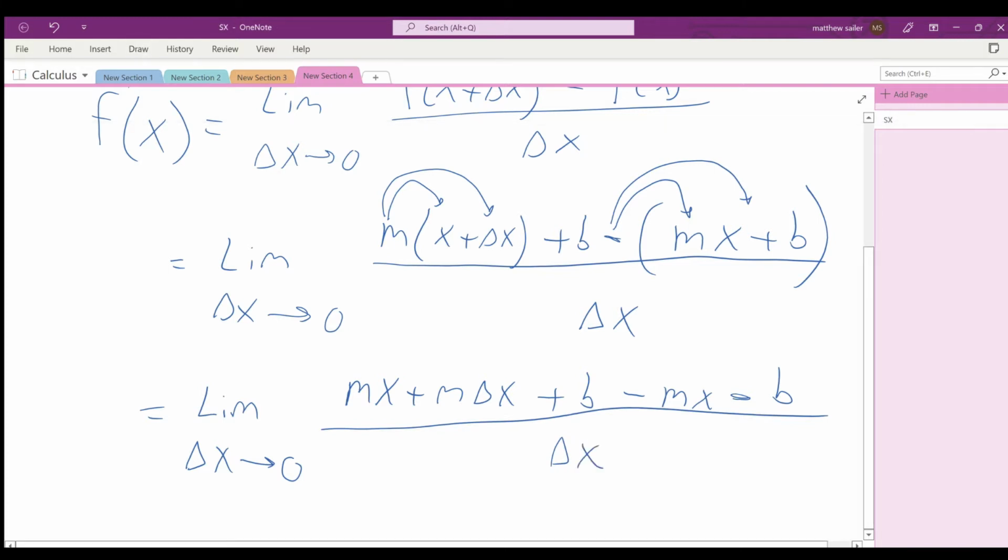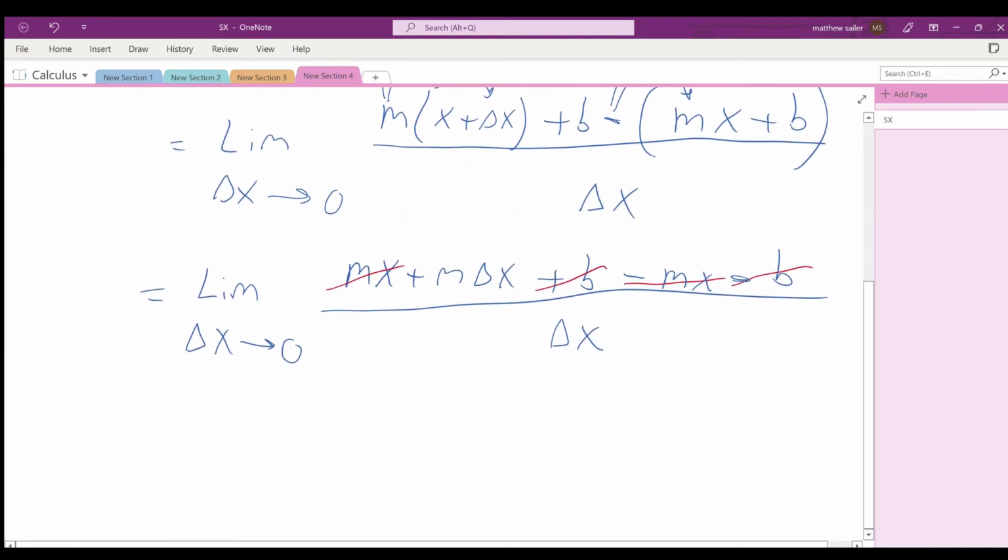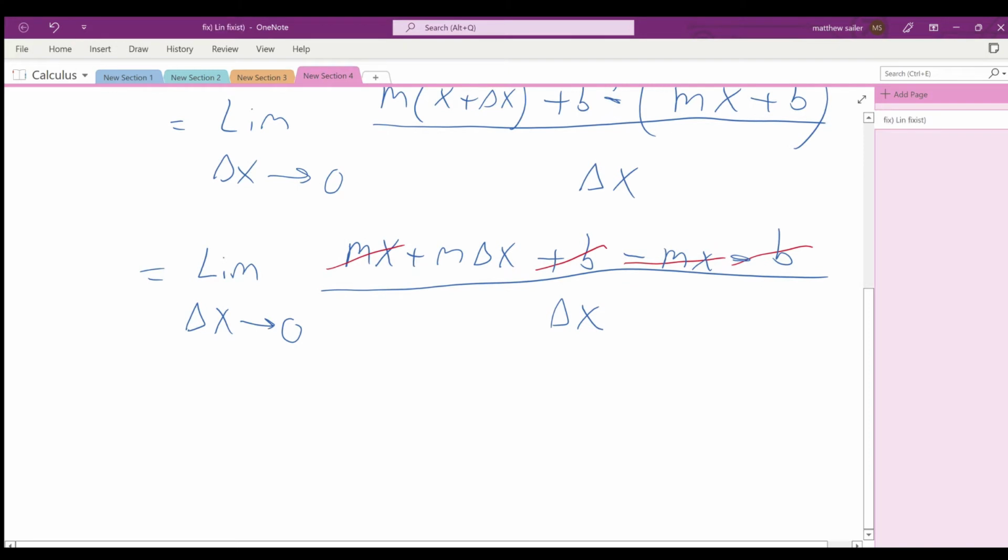And we can immediately see several things cancel. So we have a plus b and a minus b, so those will cancel. And we have a plus mx and a minus mx, so those will cancel. And now we're left with just one term on the top and one term on the bottom. And you can see that these both have a delta x, so those cancel.